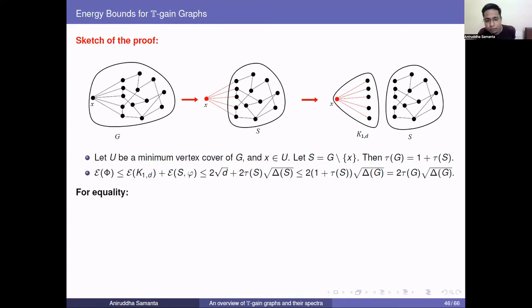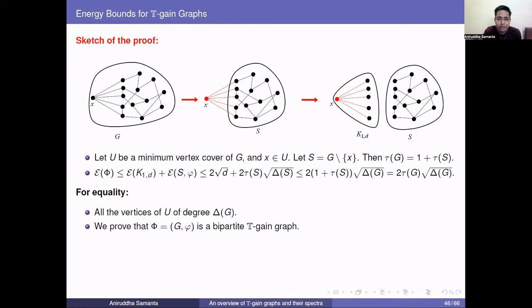Now, for the case of equality, we have a few more parts. First, we are going to prove that all the vertices of U are of degree delta of G. And then we will prove that each component of this T-gain graph phi is balanced, is a bipartite T-gain graph. And then we obtain that each component of G has exactly one positive eigenvalue.